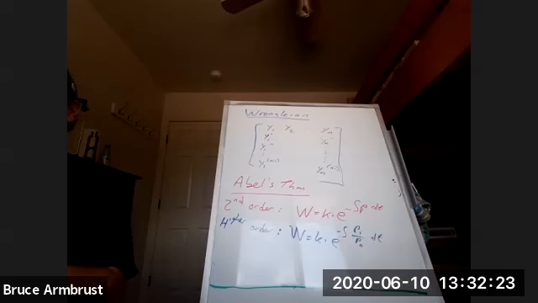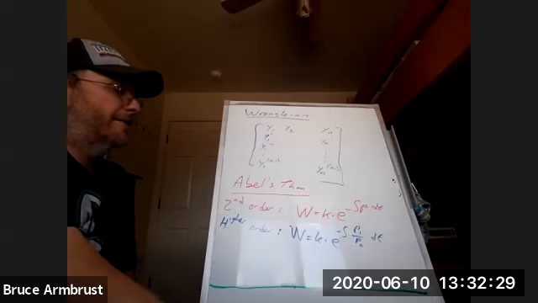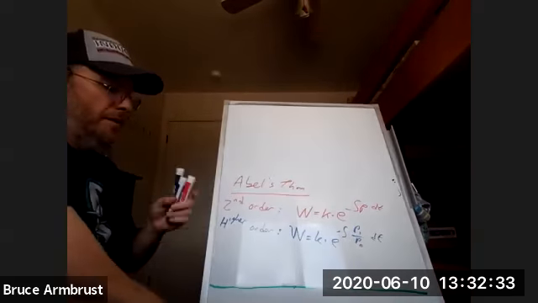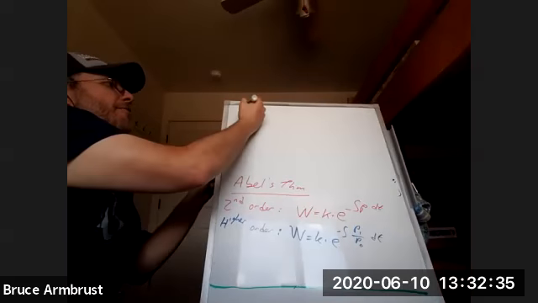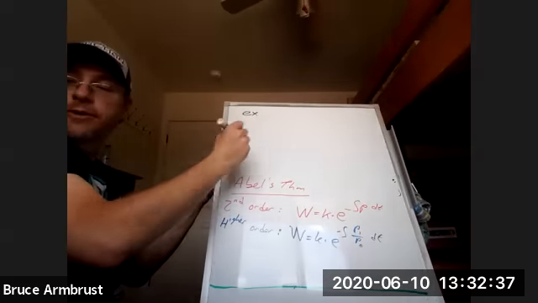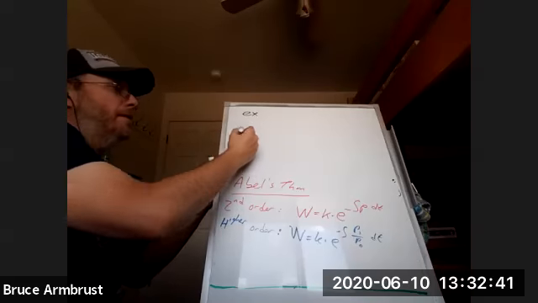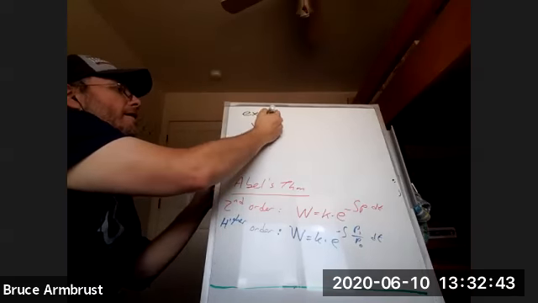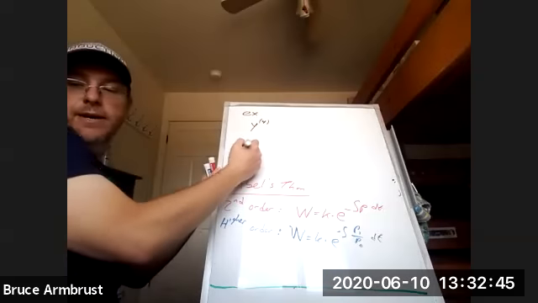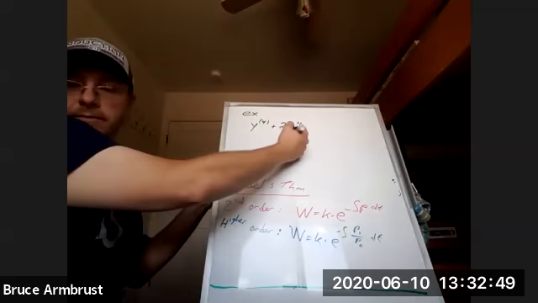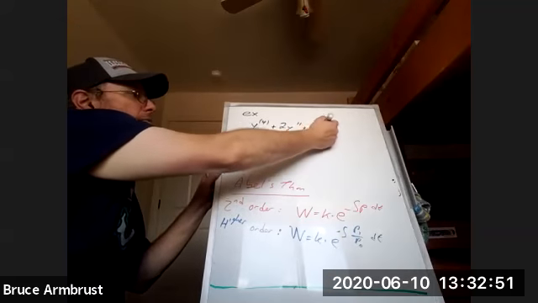Let me give you a differential equation where we can actually figure out what the Wronskian is without bothering to find the entire fundamental set. So let's just take this one. We'll make it nice and easy. Let's say we've got the fourth derivative of y plus 2y double prime plus y equals 0.